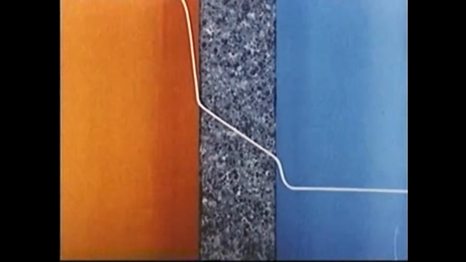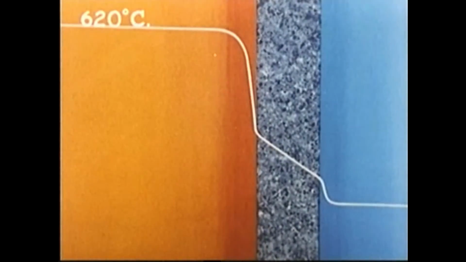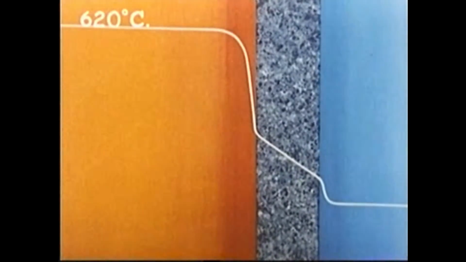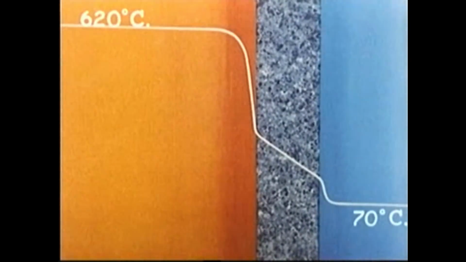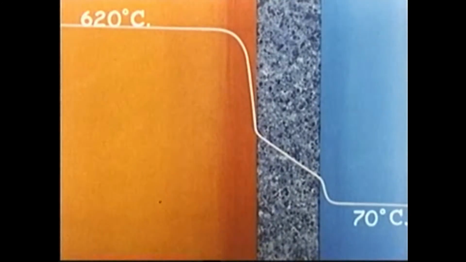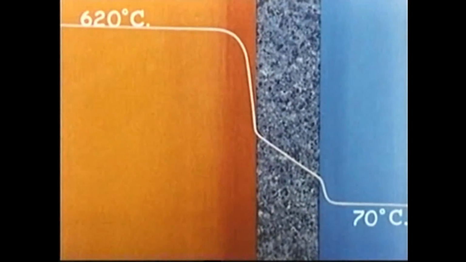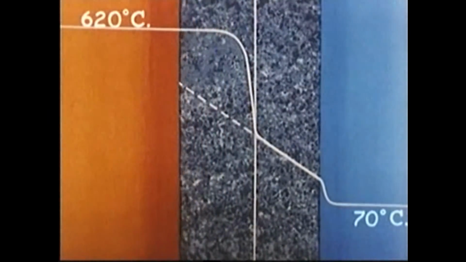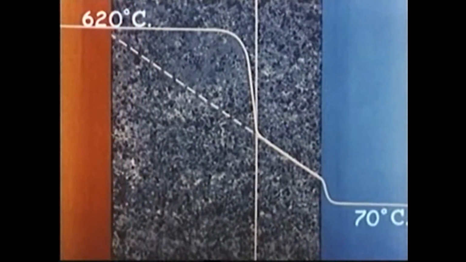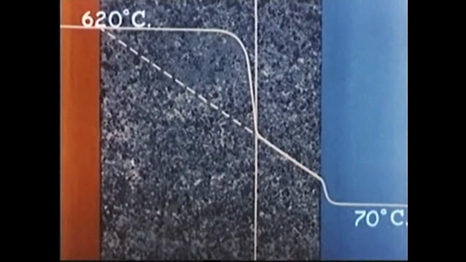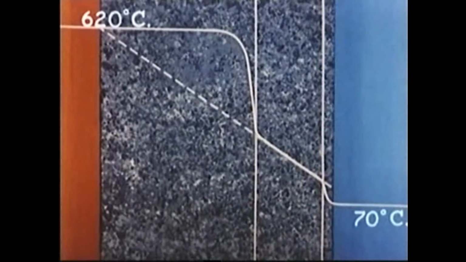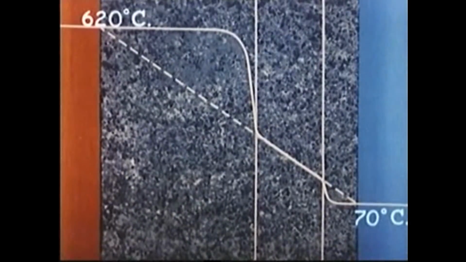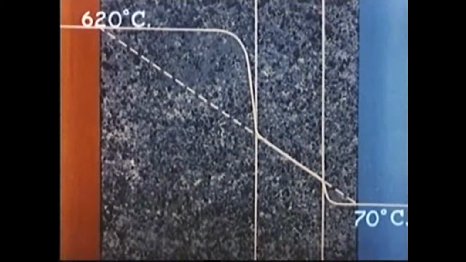The mean temperature of the gas is 620 degrees centigrade, and the cooling water is kept at 70 degrees centigrade. It is possible to calculate a thickness of iron that offers the same resistance to heat flow as the boundary resistance between air and cylinder wall, and similarly a thickness of iron that corresponds to the boundary resistance between cylinder wall and water.